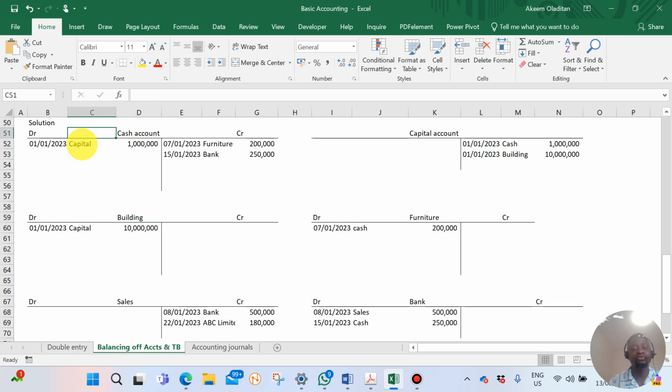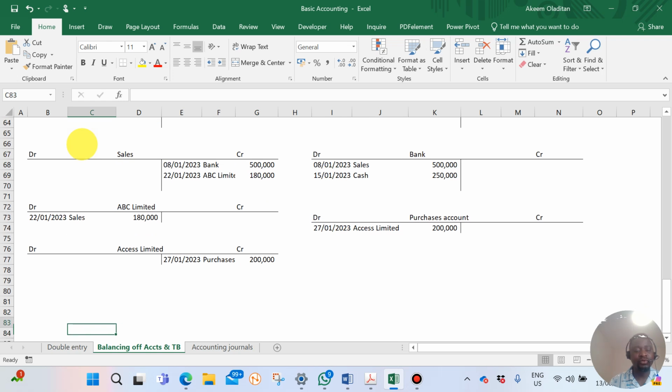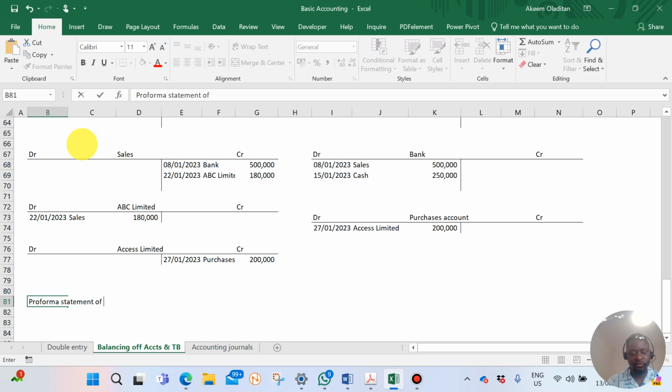So what we need to do now is prepare this trial balance. First we need to have a pro forma. So let me just put a pro forma statement of trial balance here.